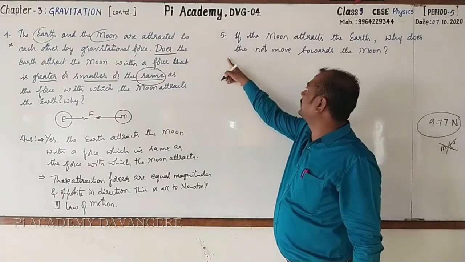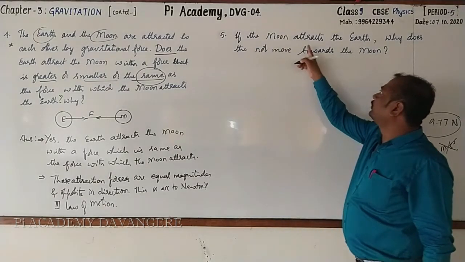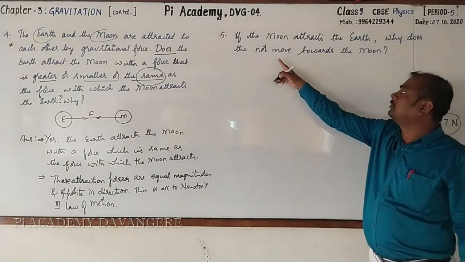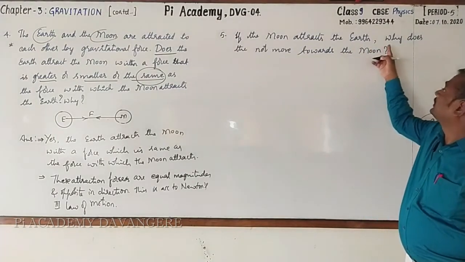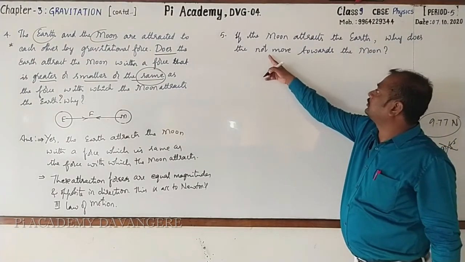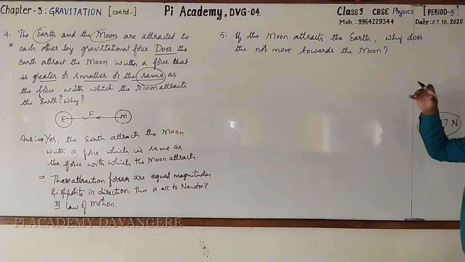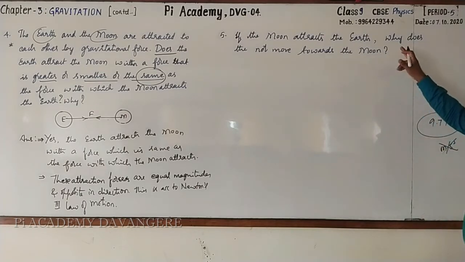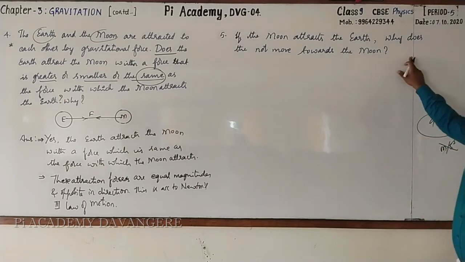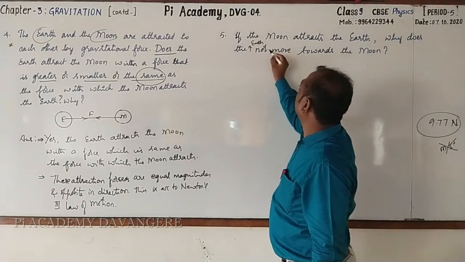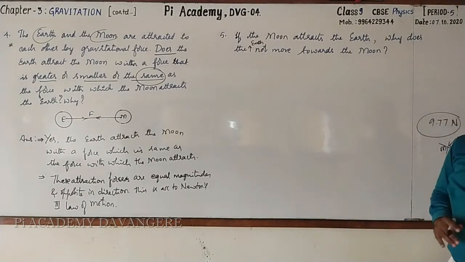Observe this, the fifth one. If the Moon attracts the Earth, why does the Earth not move towards the Moon?